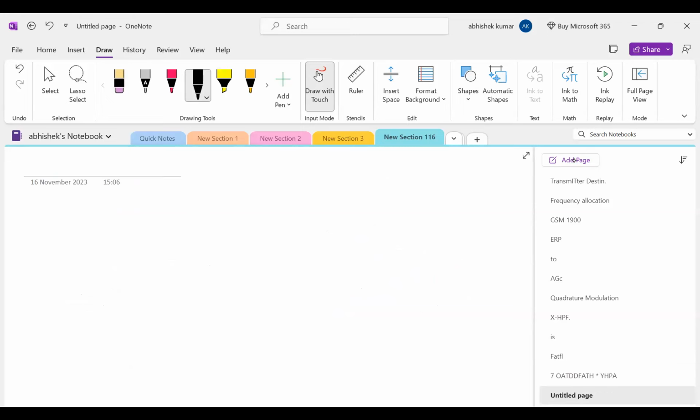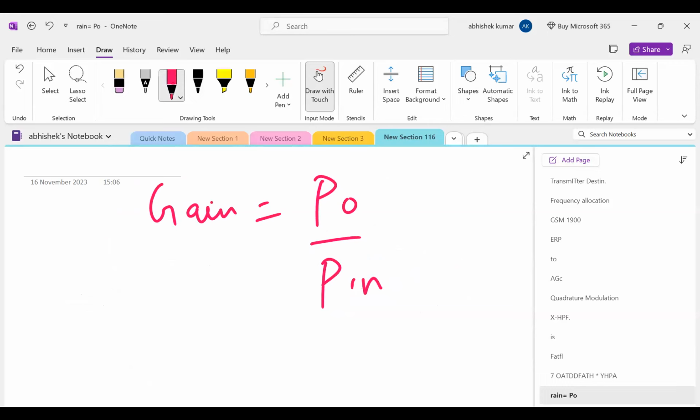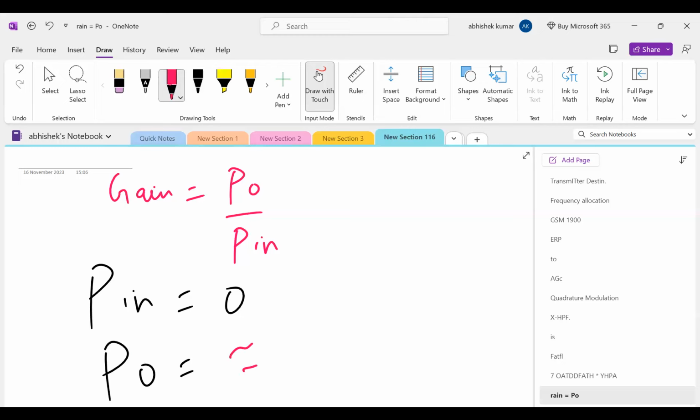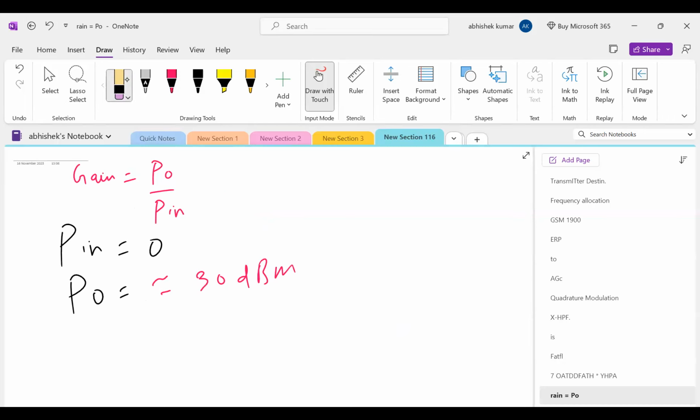What is gain? Gain is P output by P input, right? When P input equals 0, what will be the P output? P output will be around 28 or 30 dBm, approximately. So what will be the gain then?